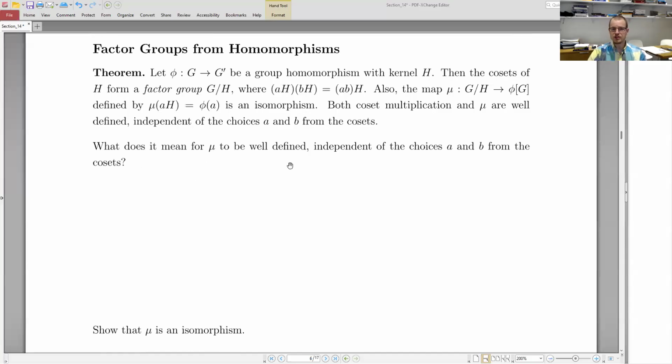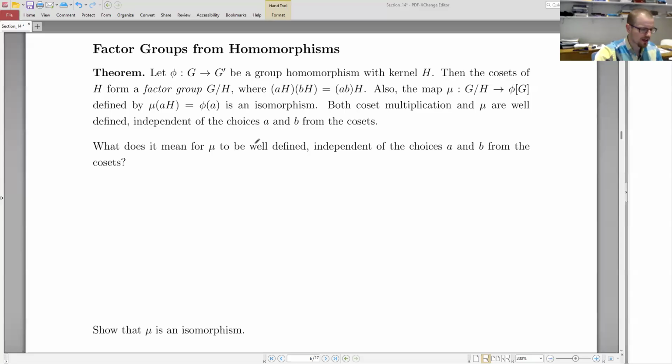So what does it mean for mu to be well defined, independent of the choices A and B from the cosets? It's well defined if the same inputs give us the same outputs, but with different representatives for those same inputs. So if AH and BH represent the same coset, then mu of AH should be the same as mu of BH.